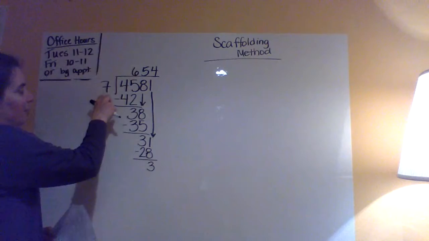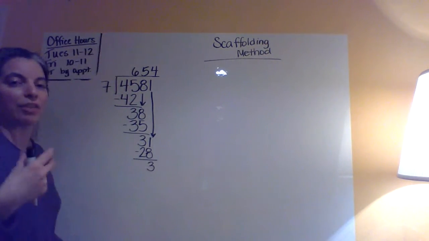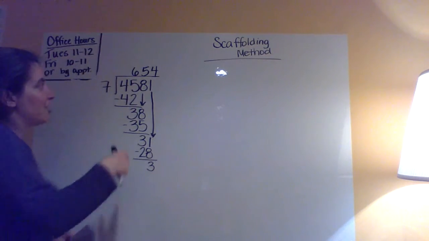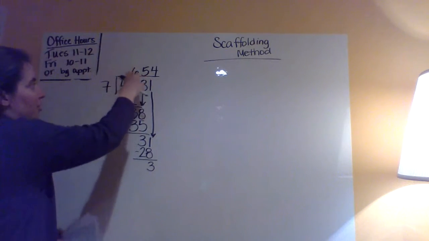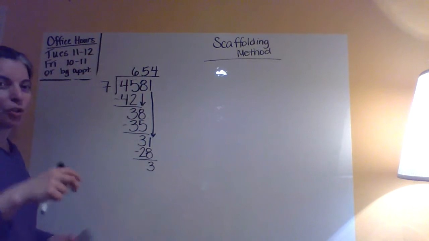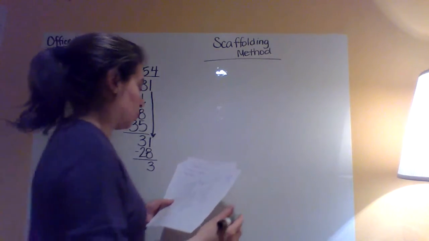So I'm saying, well, 7 can't go into 4, but it can go into 45. But that's not really a 45, it's 4,500. And this is saying 7 goes into 4,500 600 times. So the scaffolding method brings that out a little bit and reminds us of those place values.